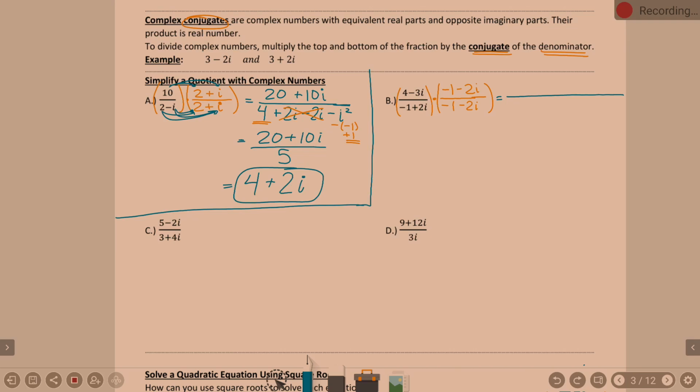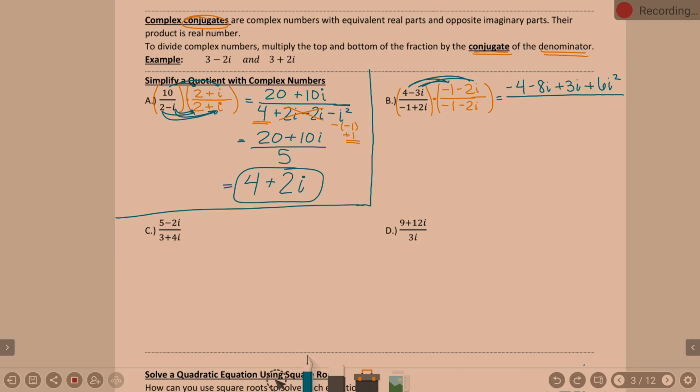Okay, so as we FOIL, 4 times -1 is -4. 4 times -2i is minus 8i. Then, -3i times -1 is plus 3i. And what about -3i times -2i? 6i squared.